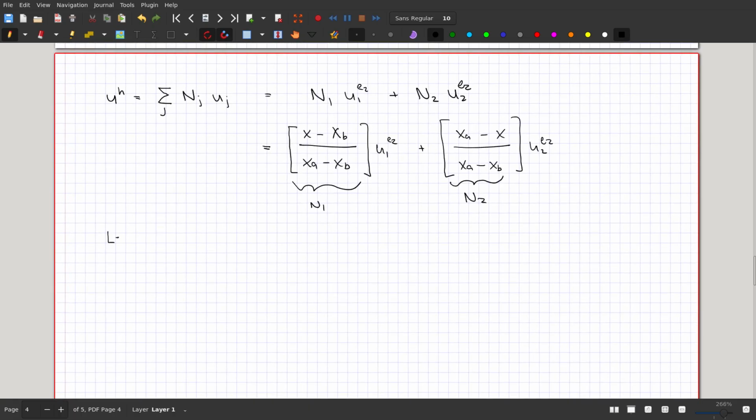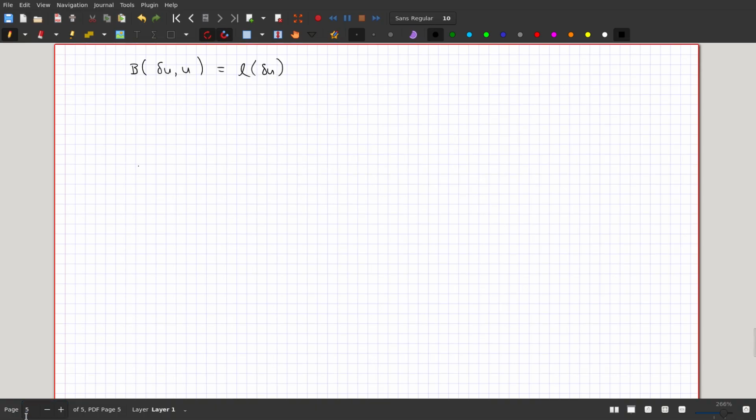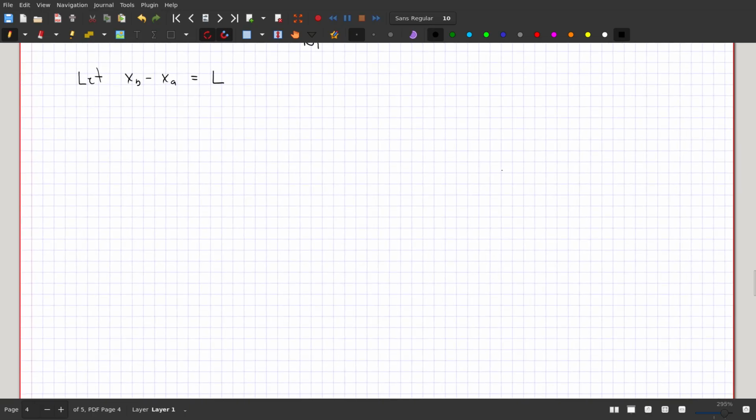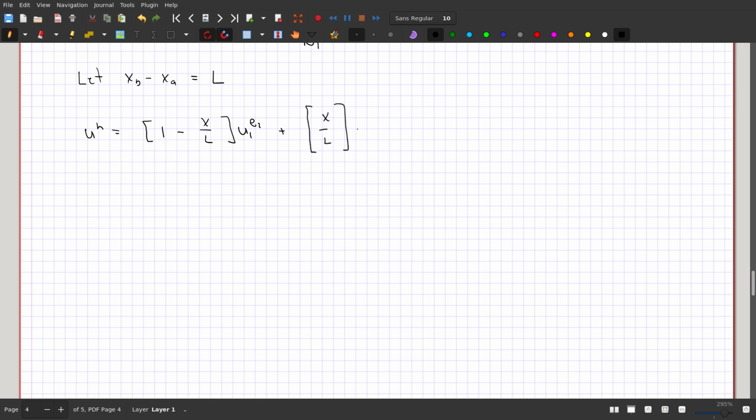So for now, let xb minus xa equal L, like the length of the element. Then we have u of h equal to 1 minus x over L times u1 e2 plus x over L u2 e2.